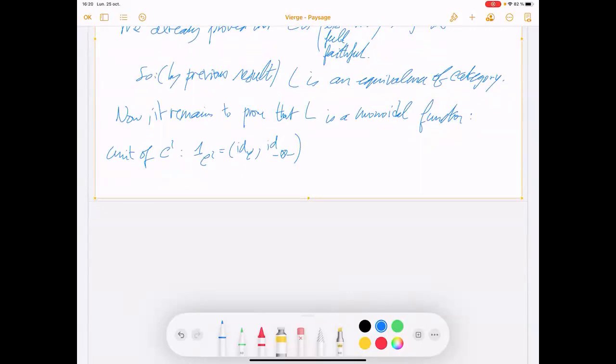So first axiom. L of 1C is equal, by definition, to 1C tensor like that, multiplied on the left by the associativity constraint.